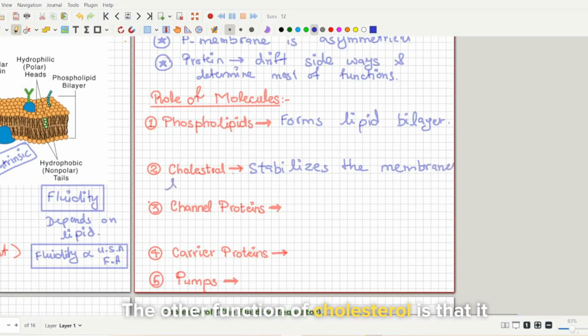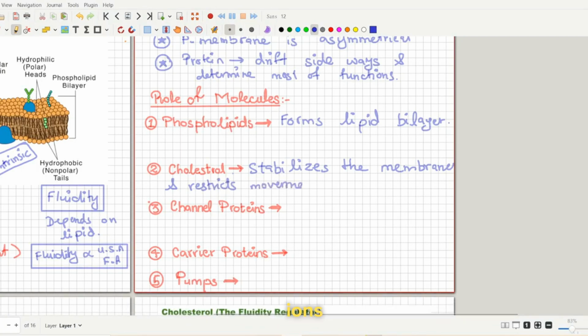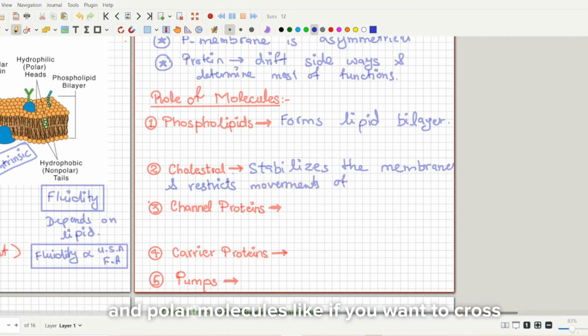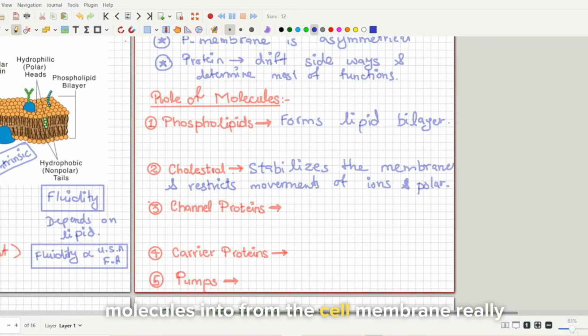The other function of cholesterol is that it restricts the movement of ions and polar molecules. If ions and polar molecules want to cross, they will be stopped by the cholesterol. Cholesterol will not let ions and polar molecules through the cell membrane really easily, because ions and polar molecules can react with the cell membrane.